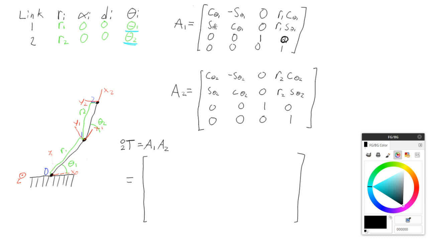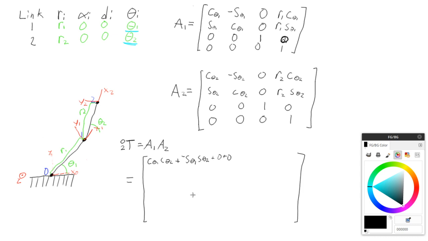We've got cosine theta 1 times cosine theta 2. And then we're adding on negative sine theta 1 times sine theta 2. And then we've got two zeros here, so that's going to be plus a 0, plus a 0.